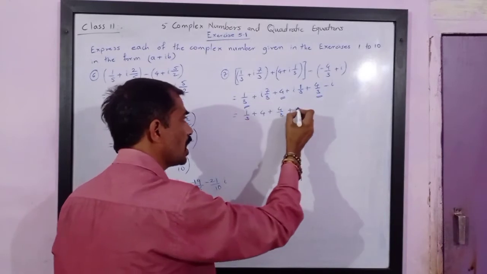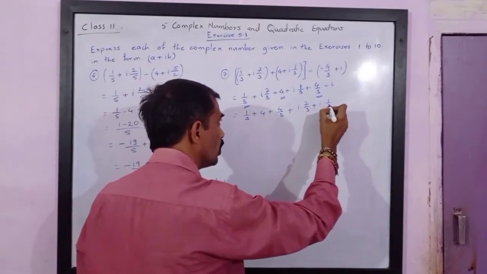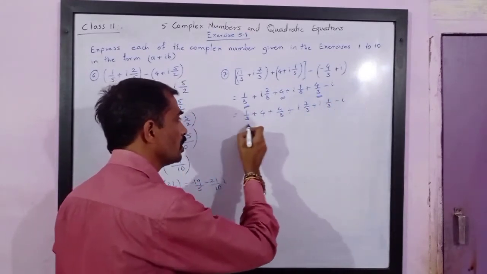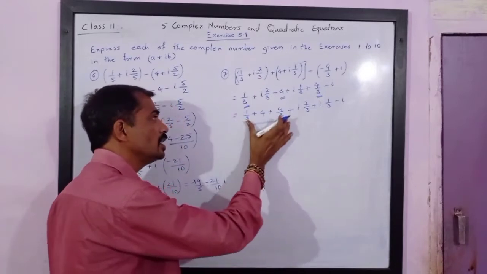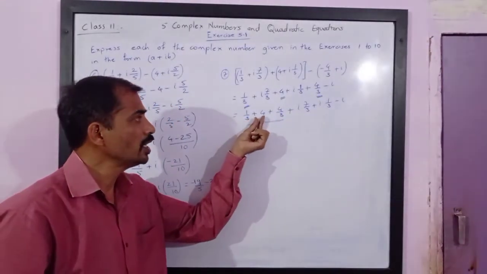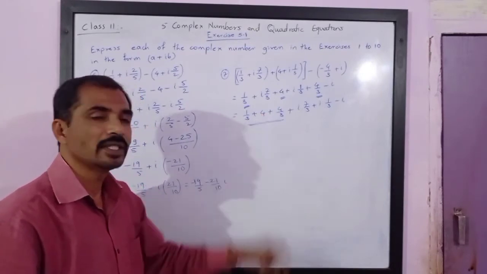Now imaginary terms are i into 7 upon 3 plus i into 1 upon 3 minus i. Now please note, to add these fractions, denominators must be same. So in order to make the denominator same, middle term does not have the denominator, so we need to multiply this term by 3.